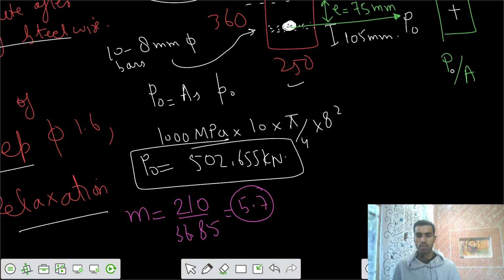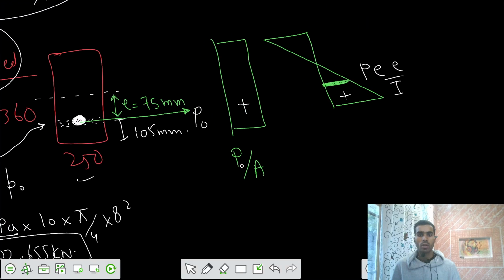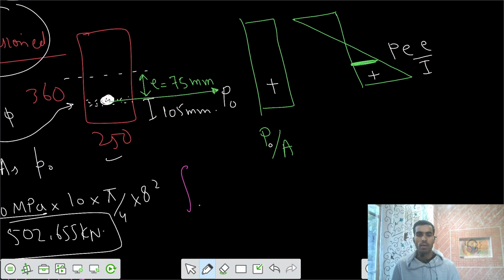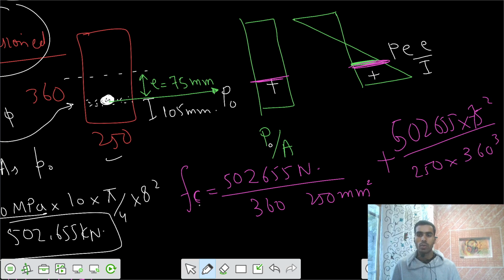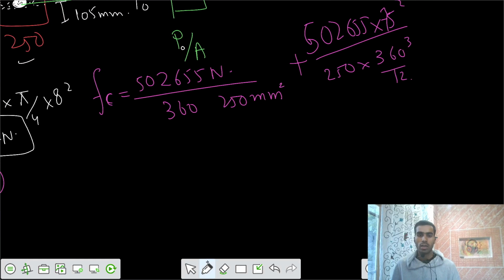So fc, the stress in the concrete at the level of steel wires, is P by A, 502.655 kilonewton divided by the area 360 into 250 millimeters square, plus 502.655 into eccentricity squared, 75 squared, divided by the moment of inertia, bd cubed by 12. Solving these two values, fc comes to 8.50 megapascal.